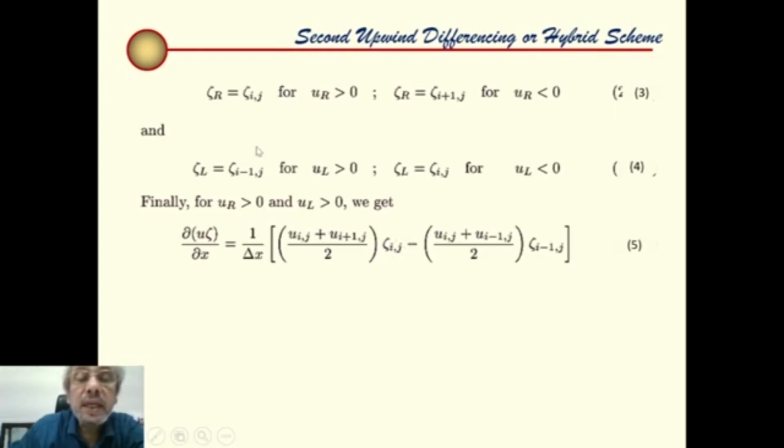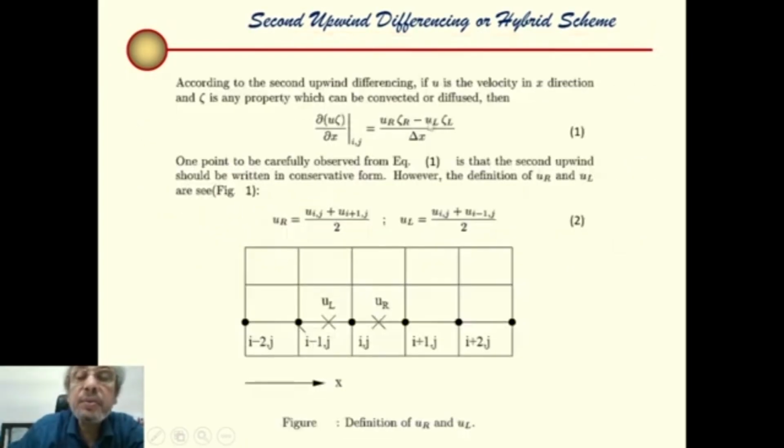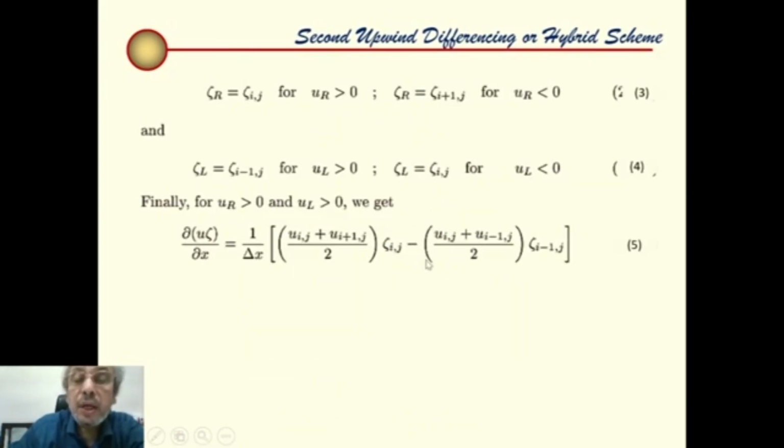Minus then u_l, the basic expression we have written here, u_l zeta_l. So u_l is u_i,j plus u_i minus 1,j by 2, and if u_l is positive, then zeta_l will be zeta_i minus 1,j. We have written it here, substituted.